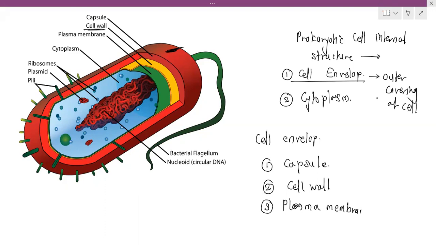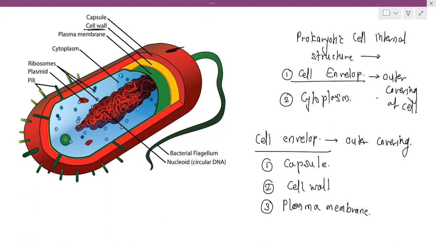All these three structures together are termed the cell envelope, right?